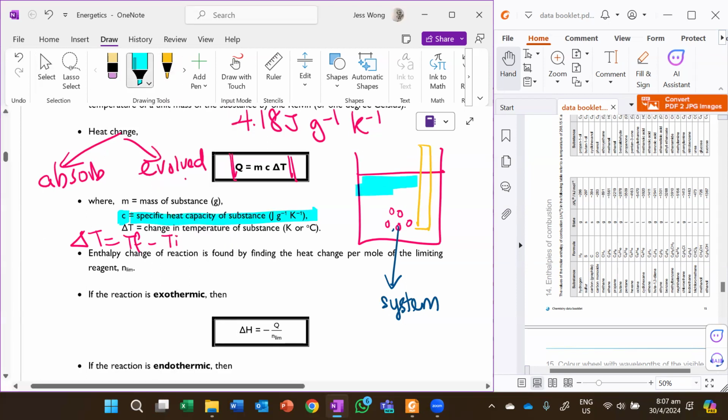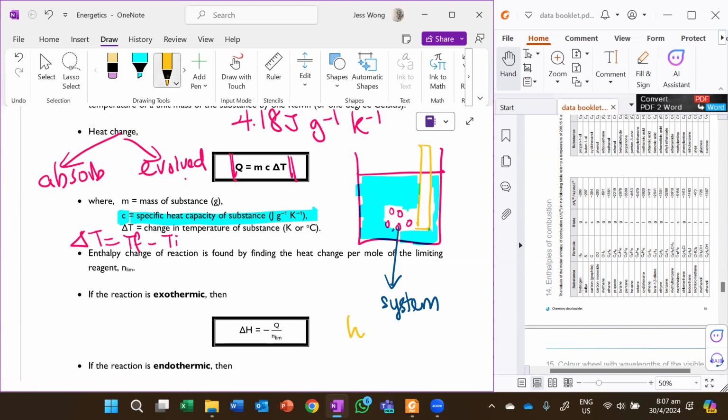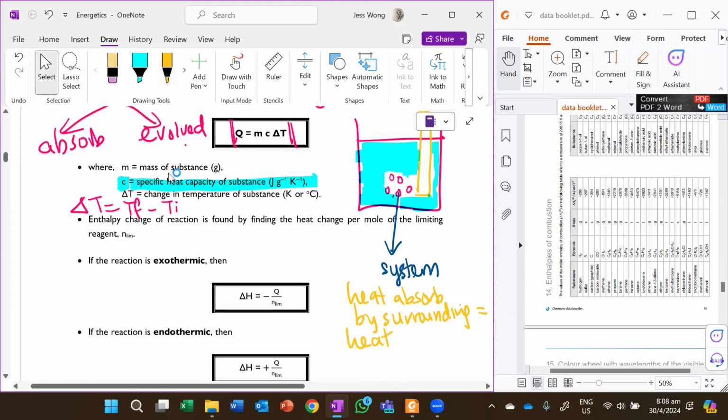You are measuring the temperature of this surrounding liquid here. So what we are doing here is making an assumption that the heat absorbed by the surrounding, or the heat lost by the surrounding, is equal to the heat given out by the system, or the heat lost by the system.